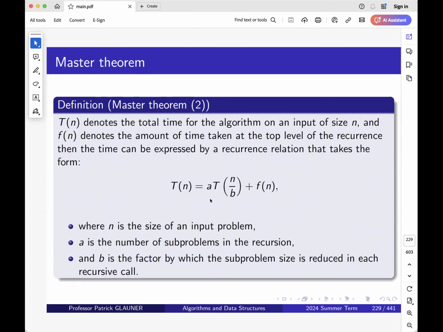And if our T of n follows the following pattern, that we say T of n is some constant a times T of n divided by some constant b, plus some extra term f of n. If our recurrence relation falls into this pattern where we have some concrete value a that can be 1, it can be 2, whatever, and b by which we reduce the size of the problem, and so a is how many subproblems we are creating in the recursion.